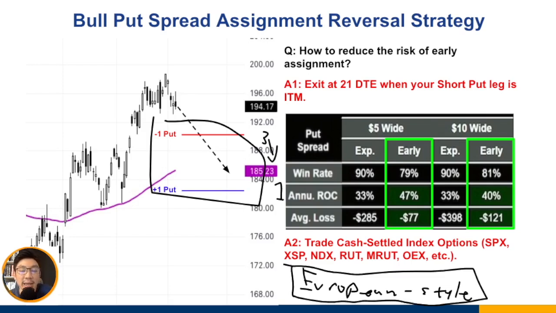At expiration, they will see whether you're in a profit or a loss, tabulate that, and put it into your bank balance. If you lose money, it will be taken out of your balance. If you make money, they're going to put a credit into your trading account balance. So guys, if you are afraid of getting an early assignment, then exit at 21 DTE, or just simply trade the cash settled index options, and you will have no worries about getting any early assignment.